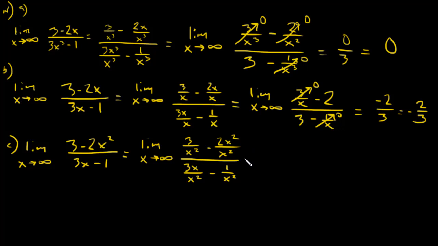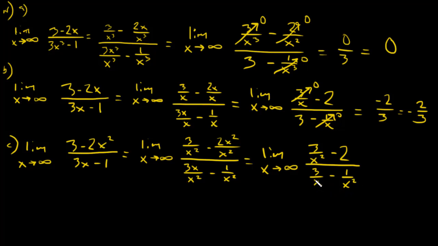Okay, so when I simplify that, I'm going to get the limit as x goes to infinity of 3 over x squared minus 2 over 3 over x minus 1 over x squared.